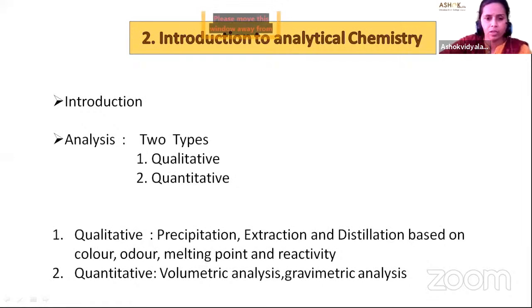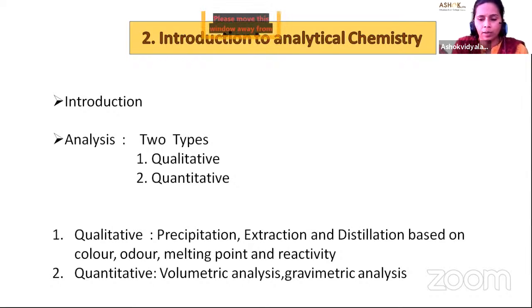Next is the quantitative. As the name says, quantitatively we measure the amount of product formed in grams, or the amount of any gas, in terms of volume, dm cube or cm cube. Or a liquid reactant which gets converted to a certain desired color: at what reading it gives a color change, that is a titration experiment, where quantitative analysis plays a vital role.